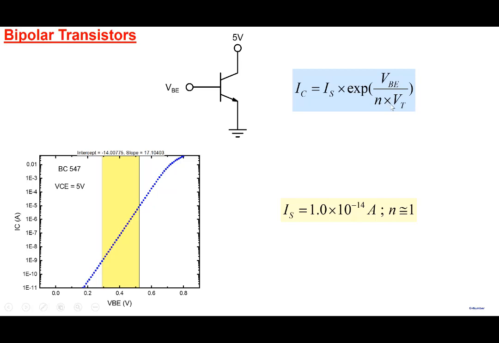So I didn't have the exact value of VT, and if you don't have the exact value of VT and you measure the slope here, then you can't calculate N. From theory, we know N is very close to 1, and measurements where you know the temperature exactly have also shown that N is close to 1. So this is a very good way of actually measuring temperature.